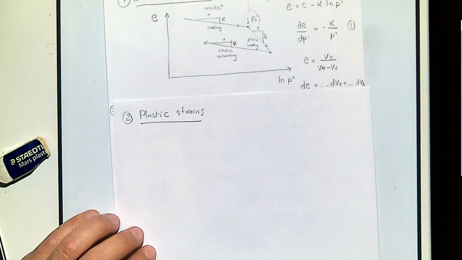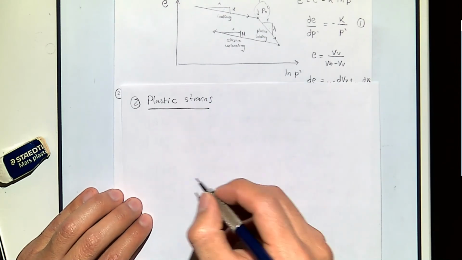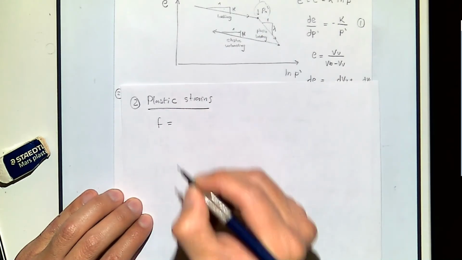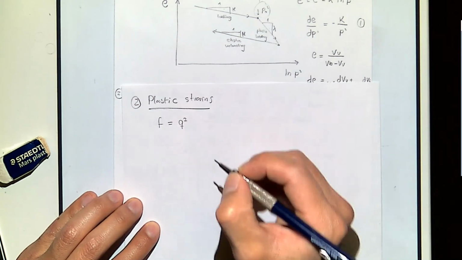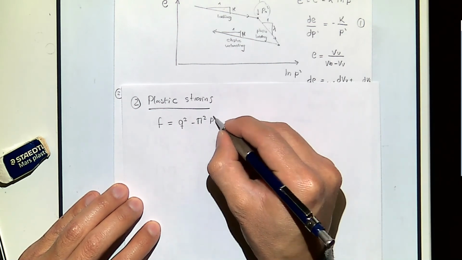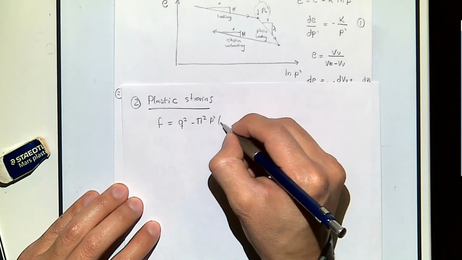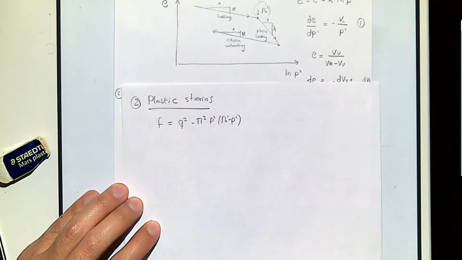Okay, for the plastic strains, we're going to invoke again the yield surface, because the yield surface is the one that is going to tell us what those changes of strain are going to be. And this is something like this.